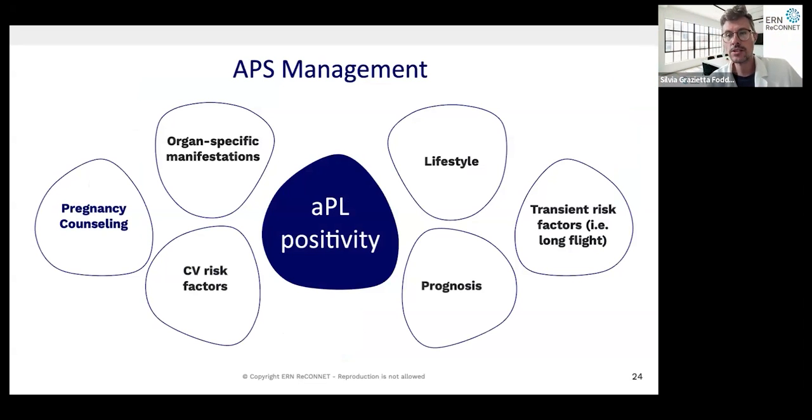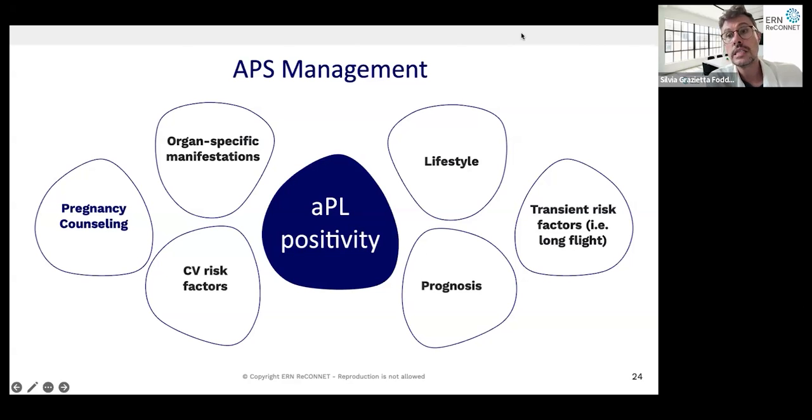So we saw that antiphospholipid antibody positivity is very important in order to determine the risk of the patient to develop clinical manifestations of APS. Of course, this is important for the overall prognosis of the patient, but it should be important mainly for the management and follow-up of the patient.